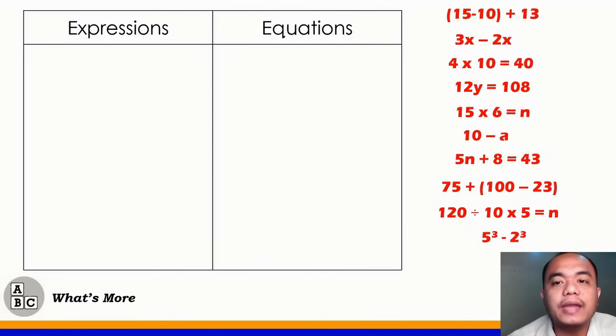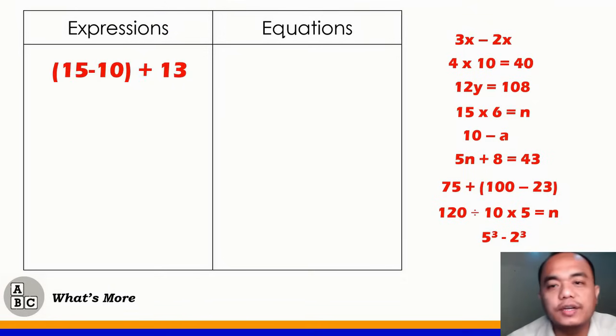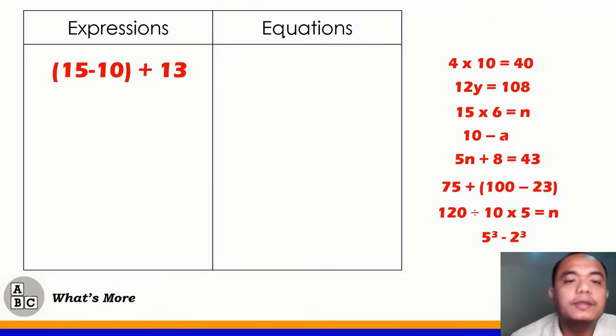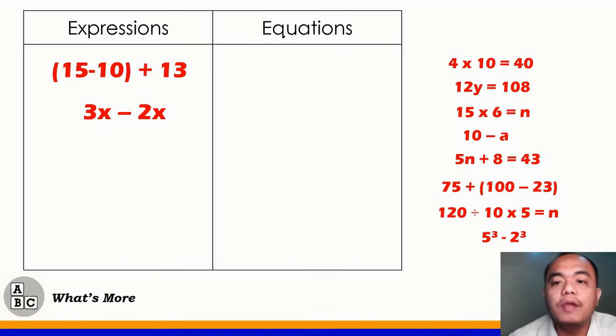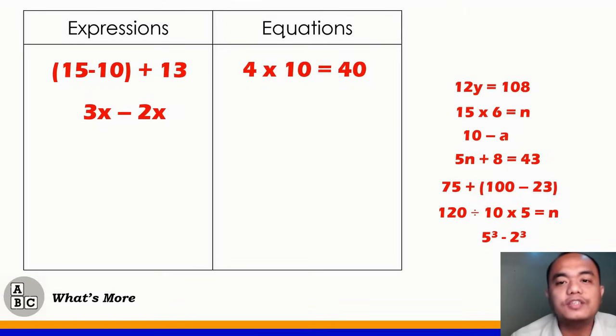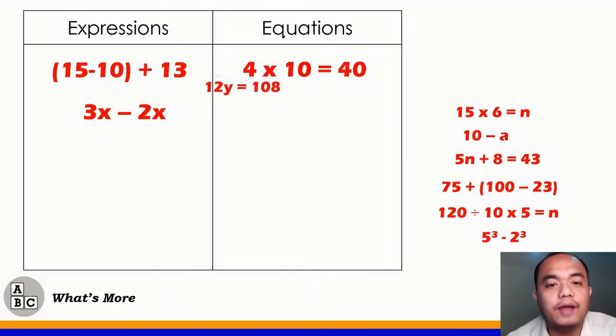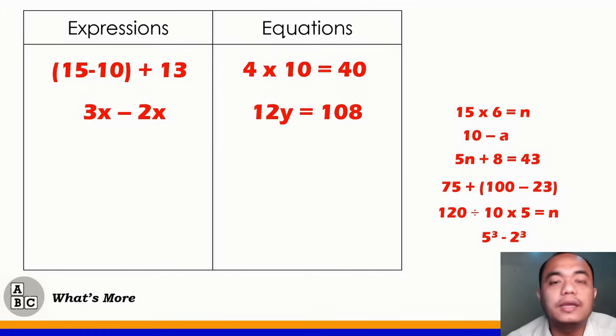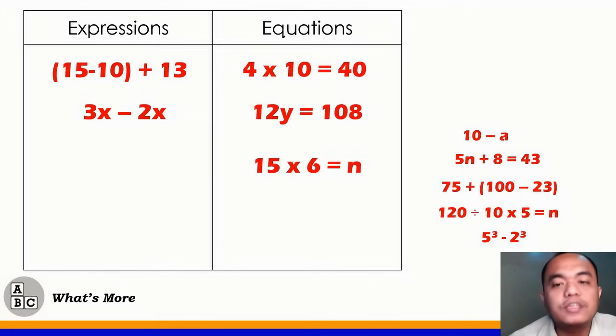We have 15 minus 10 plus 13, an example of expression. Very good. 3x minus 2x is an expression again. 4 times 10 equals 40 is an equation. 12y equals 108 is, very good, an equation. 15 times 6 equals n is an equation again.